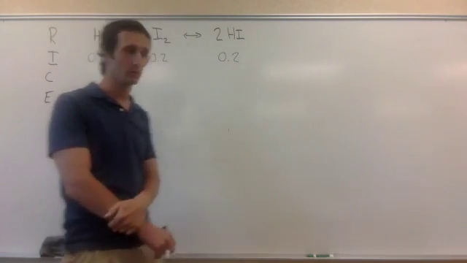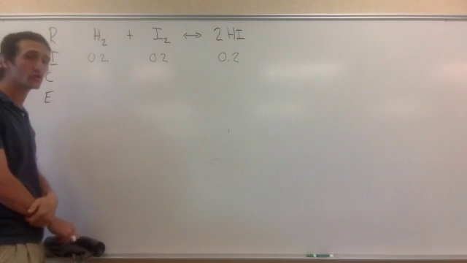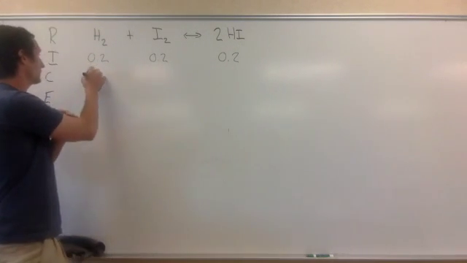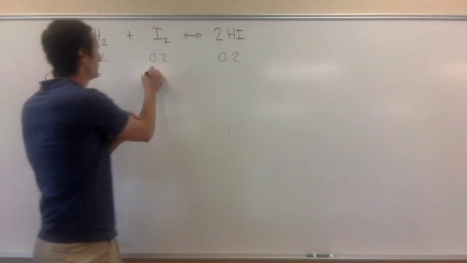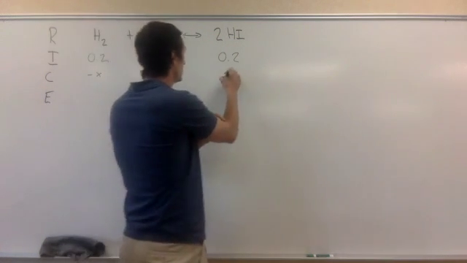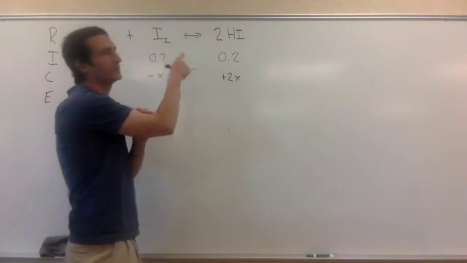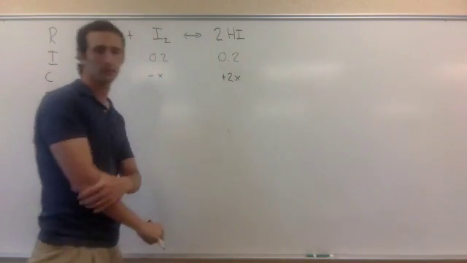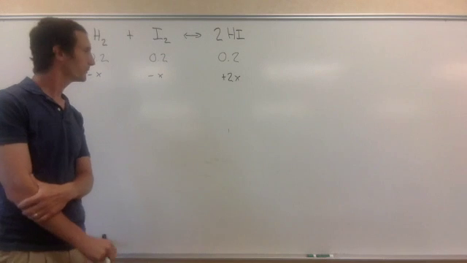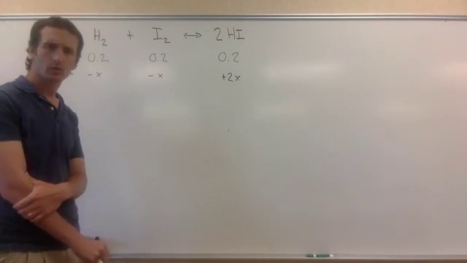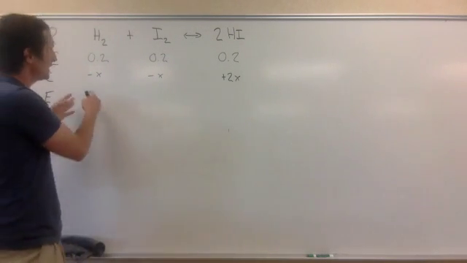The change, so we lose from the reactant side, we gain on the product side, and we don't just gain x, we gain 2x, right? That coefficient. And so we don't know how much we have at equilibrium.